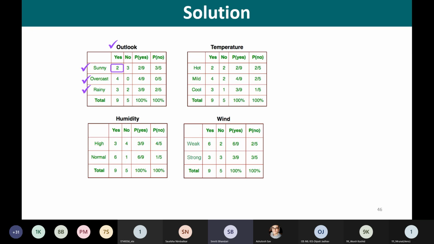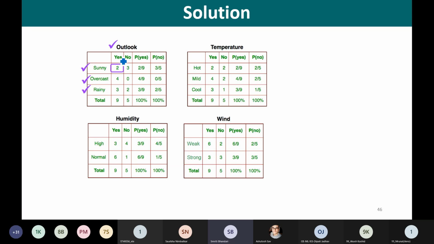Now, please look at this, we have here this value 2 for the row sunny and the column yes. So in this table, the number of rows equals the number of distinct values for this attribute.